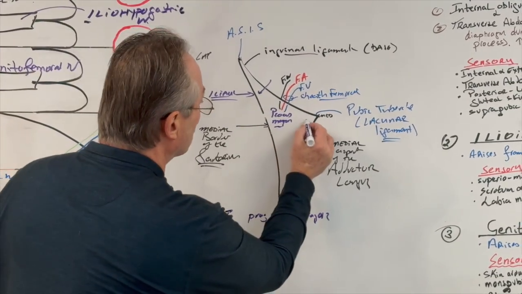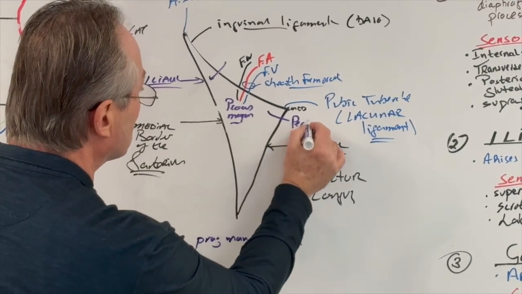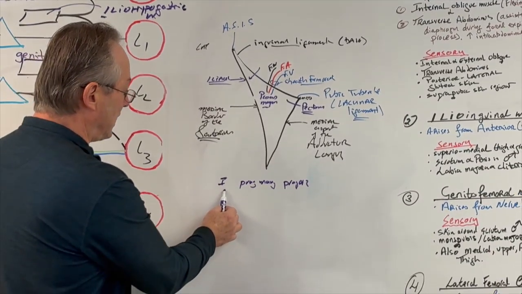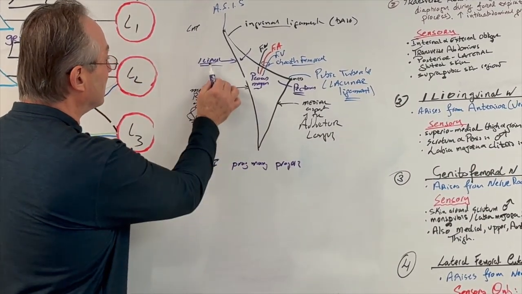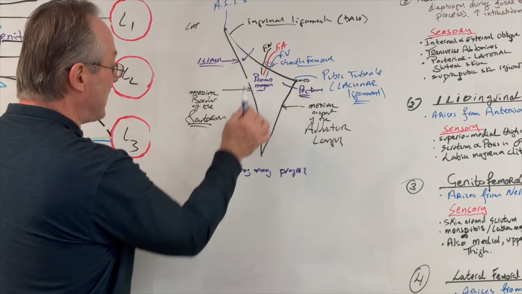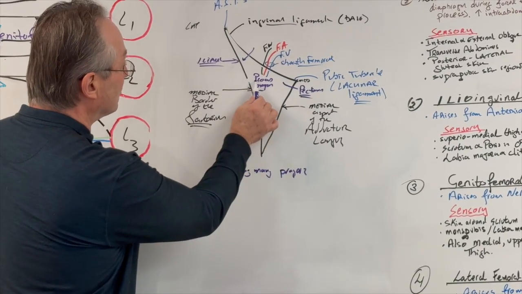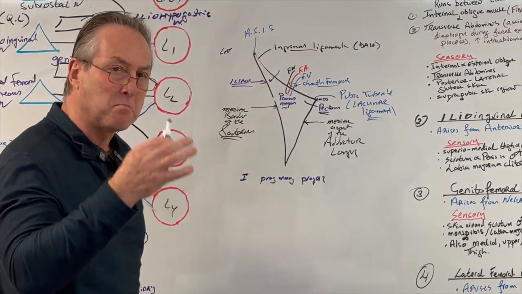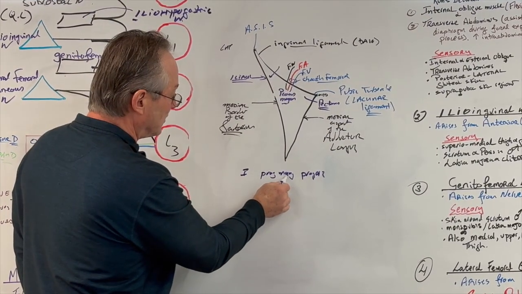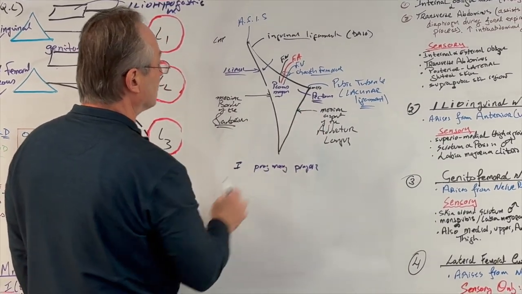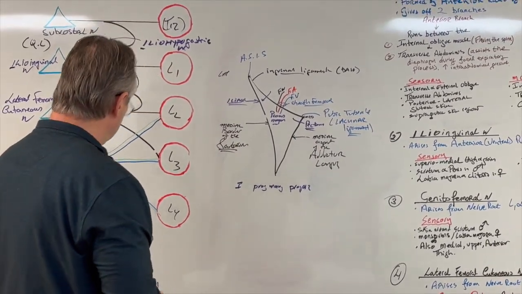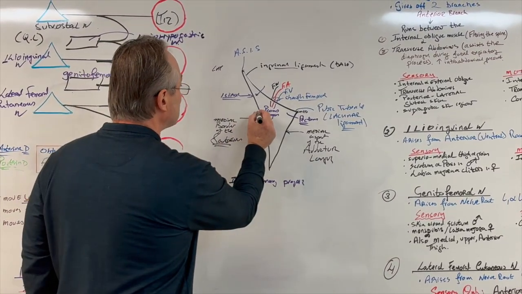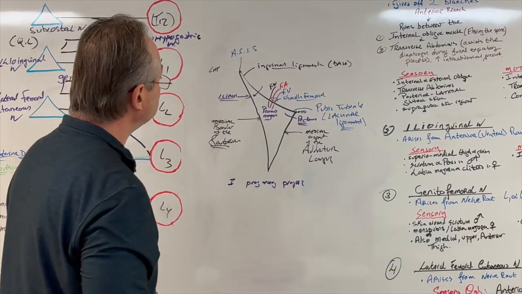And then over here you have your medial is your pectineus. So I pray many prayers. I, iliacus. The P and the M, prayer many, is going to be your psoas major, not to be confused with psoas minor. That's why we put the A there, many. And then the pectineus. Okay, so that's just a very gross picture, an anatomy sketch of the femoral triangle.